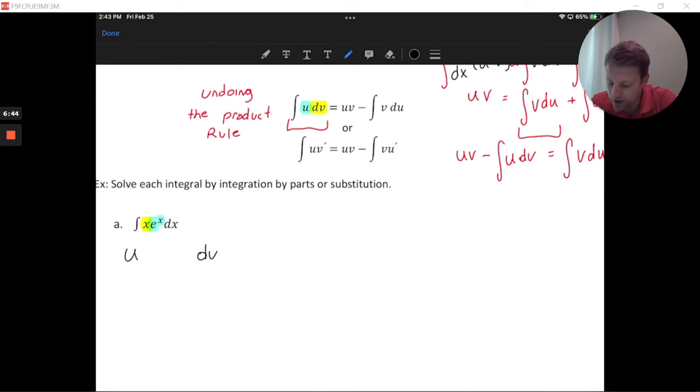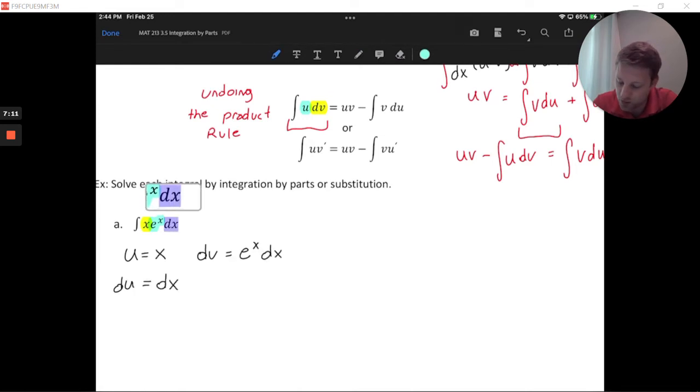If I consider u as just the single x term, this would give me a du, or derivative of that u function, of just 1 dx, which is certainly simplified, practically as simplified as we can get. This would force our dv function to be the remaining e to the x and then dx. So we don't want to forget that portion. This dx would go along with our dv function there.